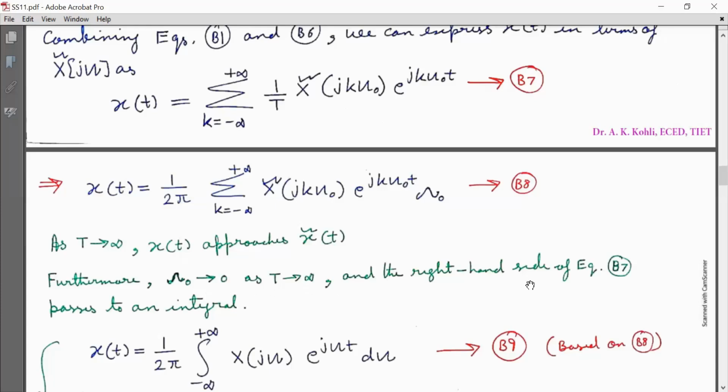And the right hand side of equation B7 passes to an integral. Therefore, x(t) is equal to 1 by 2π integration from minus infinity to infinity X(jω) e raised to power jωt dω. Mark it as equation B9, which is based on equation B8.